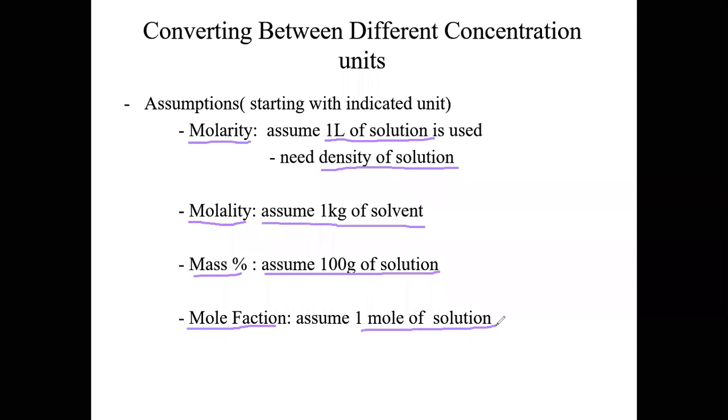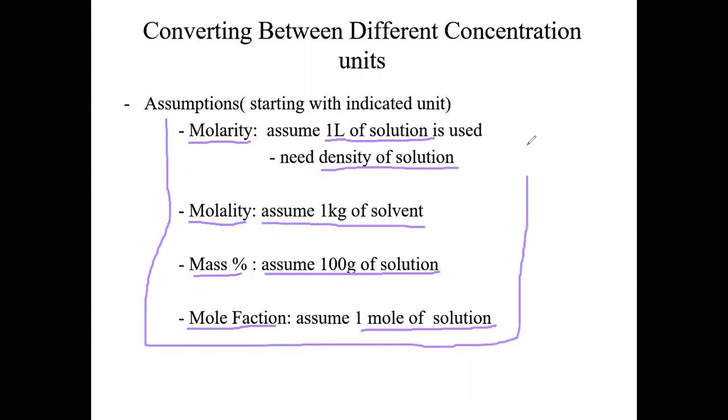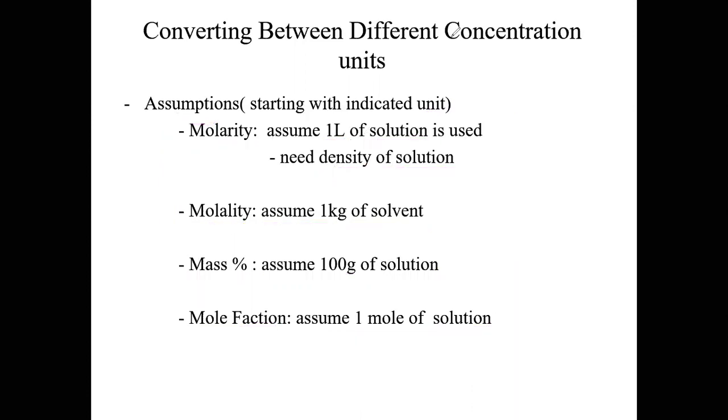So remember, when it says solution, solution is made up of solute and solvent. So you need to know these assumptions. If you don't know these assumptions, you're not going to be able to convert between the different units. Also take note that with molarity, you're going to need the density of the solution as well.